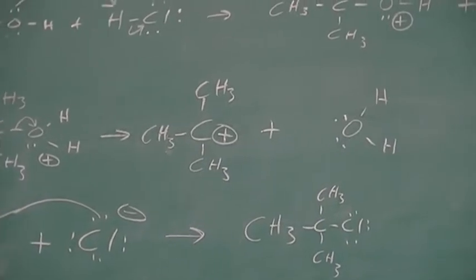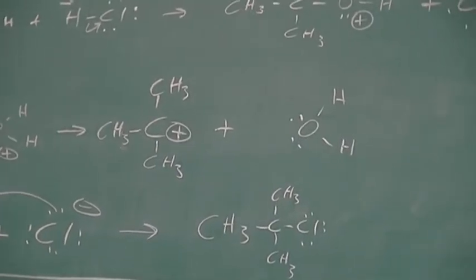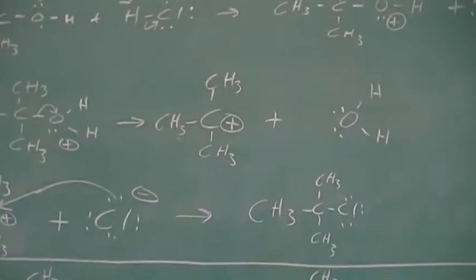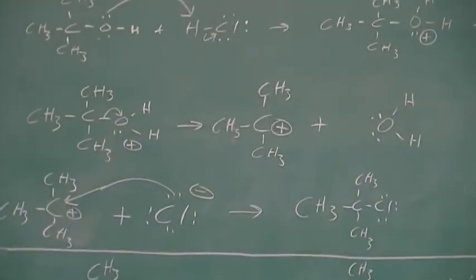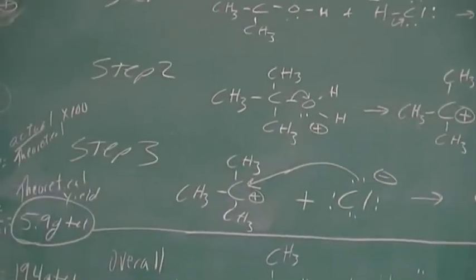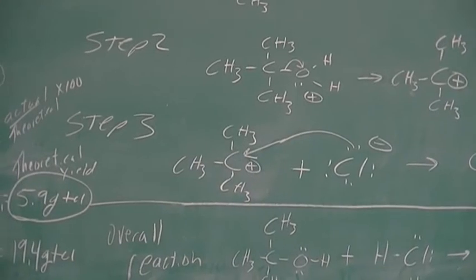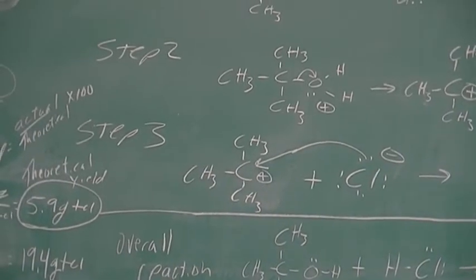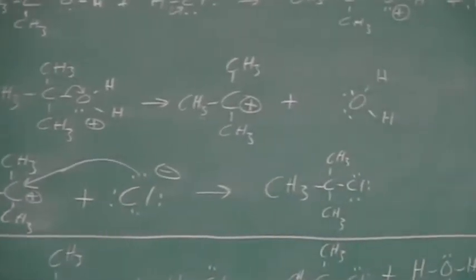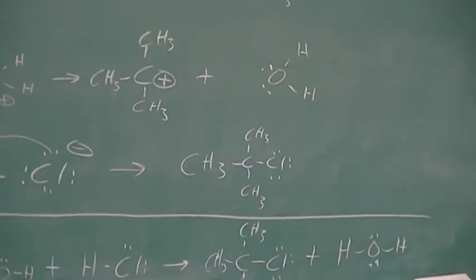But you also have water, so you show the water because it is then now a step 2 that is a balanced chemical reaction. And then in step 3, you have your carbocation, the T-butyl carbocation, reacting with the Cl minus to form your T-butyl chloride product.